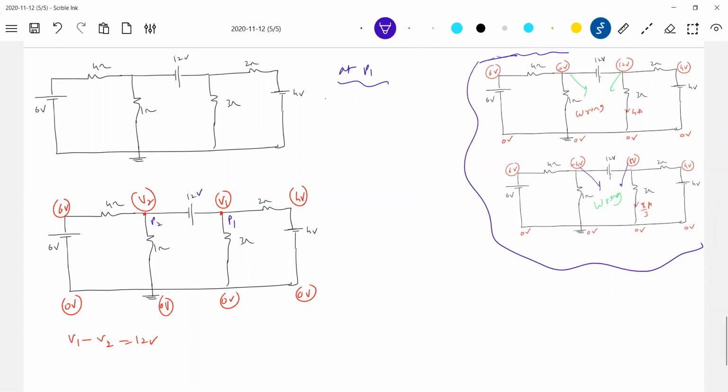There's no resistance here, so let me come to this side. V1 minus 4 by 2 plus V1 minus 0 by 3 should be equal to a certain current. We don't know that. Let it be I.